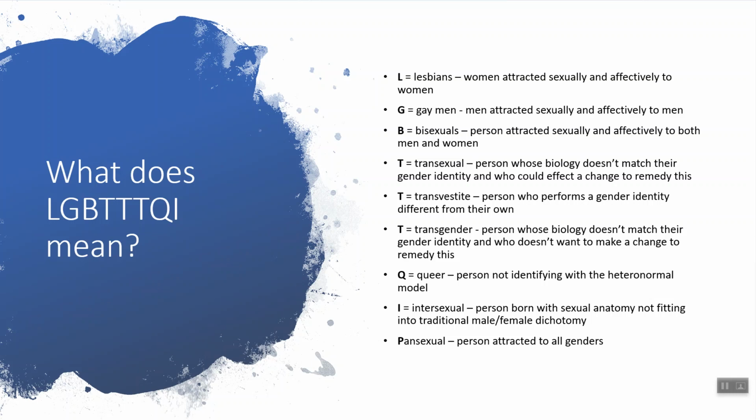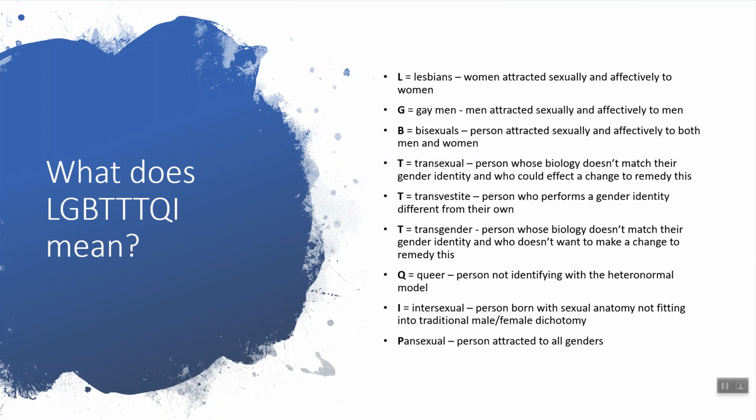They may be heterosexual, but they simply don't identify with the heteronormal model. An intersexual person is a person born with a sexual anatomy, so genitals, that don't fit into the traditional male-female dichotomy. An intersexual person may be born with both sets of genitals, for example.